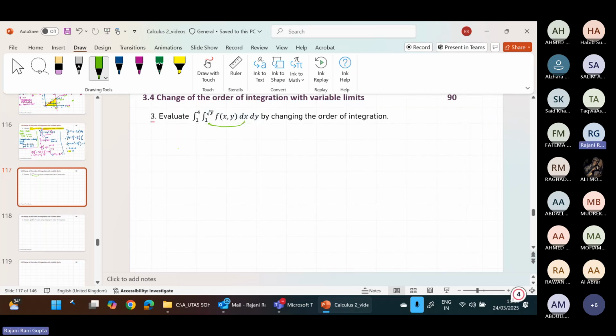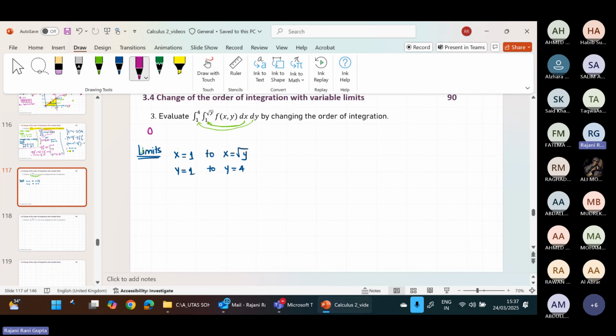So if you look at it, these are the limits for x, that is x varies from 1 to x equal to root y. And these are the limits for y: y equal to 1 to y equal to 4.